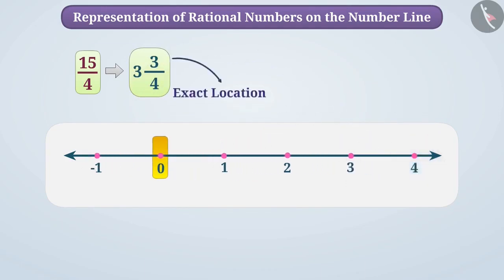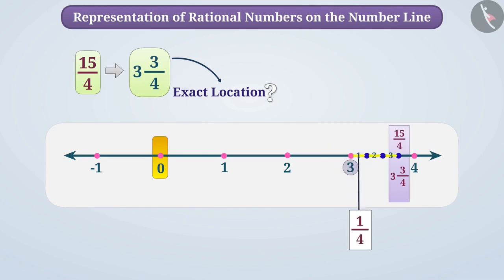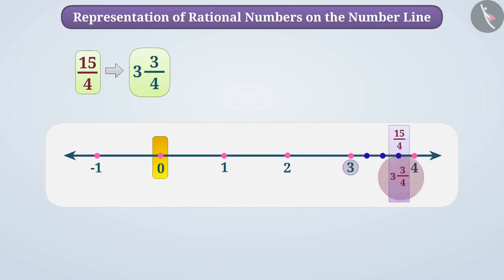To find the exact location, we will divide the unit distance between 3 and 4 into 4 equal parts. Now, we will show the number 3 and 3 by 4, that is 15 by 4, by taking 3 wholes and 3 parts of 1 by 4th distance. Now, you will be able to represent any rational number on the number line.